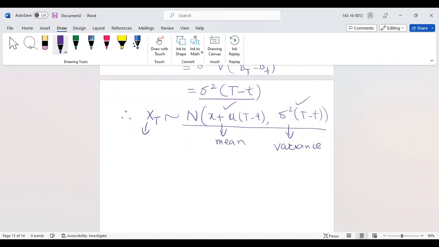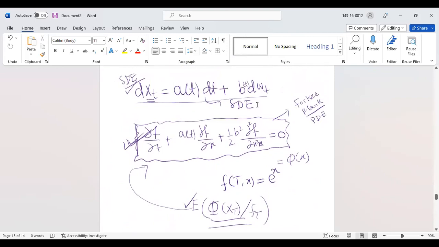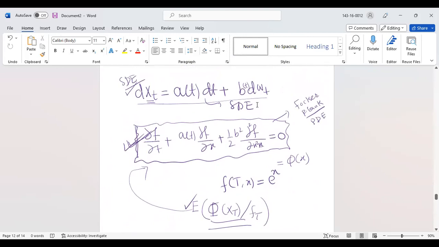Where did Feynman Kac come in? I told you that Feynman Kac said that if you want to solve this kind of PDE, you need to solve this SDE.